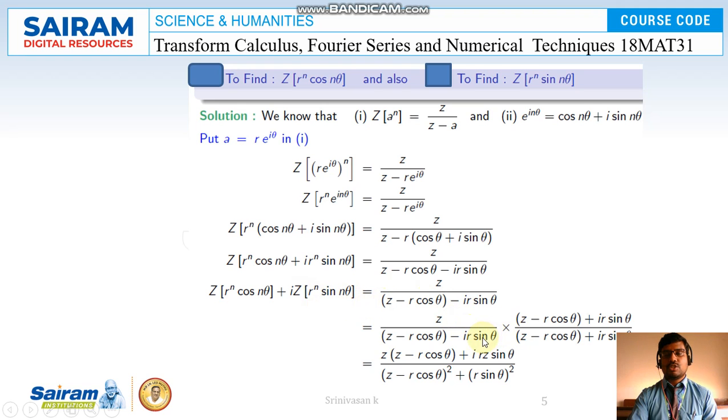Taking the conjugate, we multiply this term by z minus r cos theta plus i r sin theta. And here in the denominator, this is a minus b and this is a plus b. So (a minus b)(a plus b) equals a square minus b square.